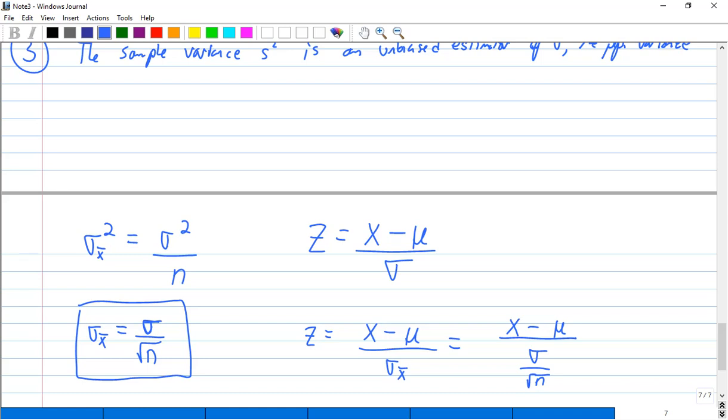Okay? And if we know a couple values about a population, we can figure out, say, the probability that the mean weight of a group of 50 people is over 200 pounds. And we're able to do this because we're looking at this stuff in a different way, using this sigma sub x bar.